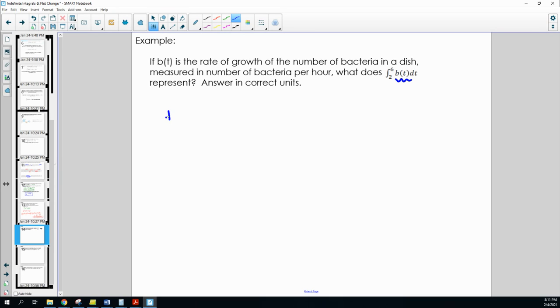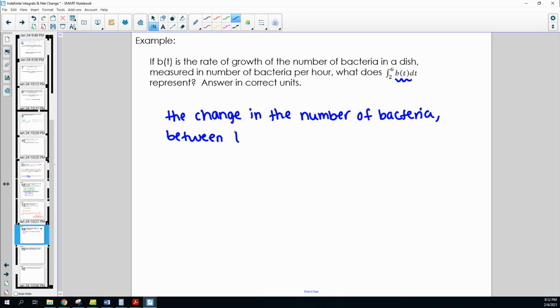This is actually giving me the change in the number or the amount of bacteria between T equals 2 and T equals 6 hours.